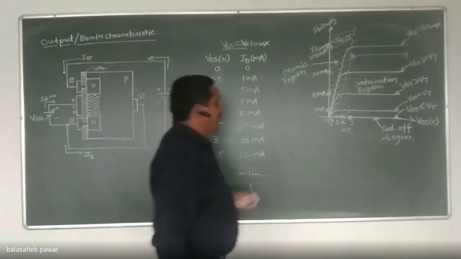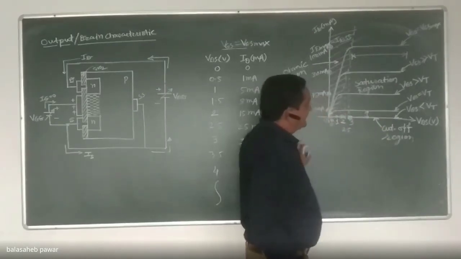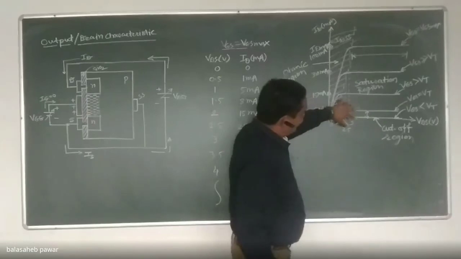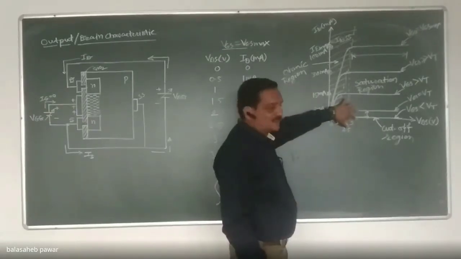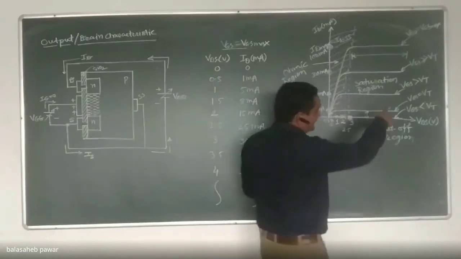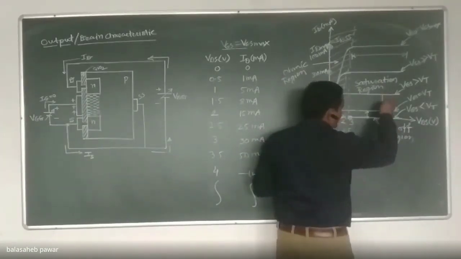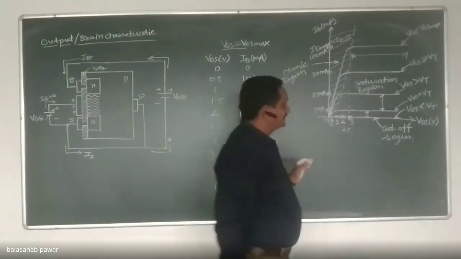Now, one more thing I would like to highlight. See, between VGS less than VT and VGS equals VT, the step size of that constant current I tried to show is this much only. Later on, between VGS equals VT and VGS greater than VT, the step size I showed is this much.